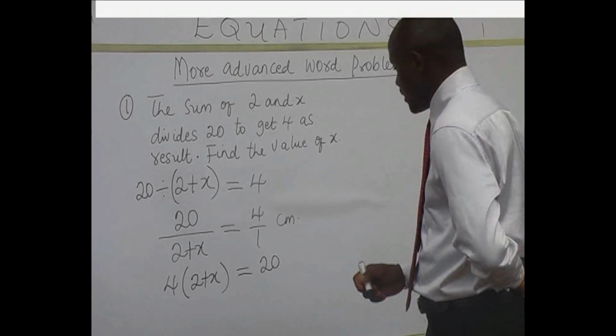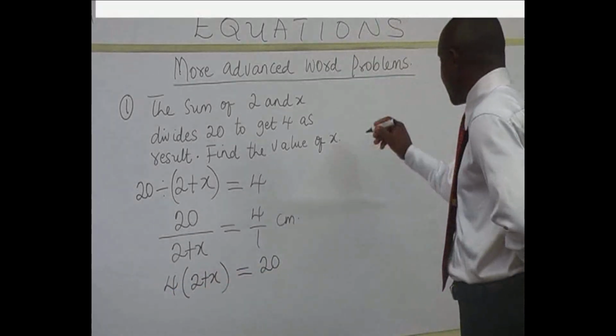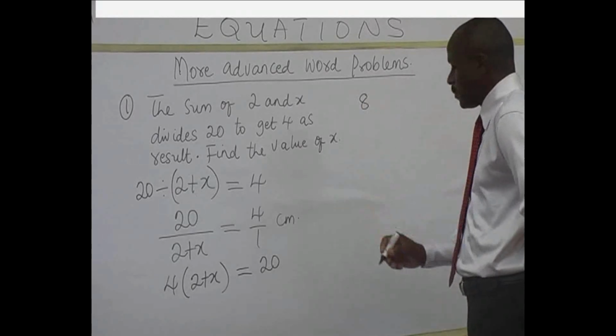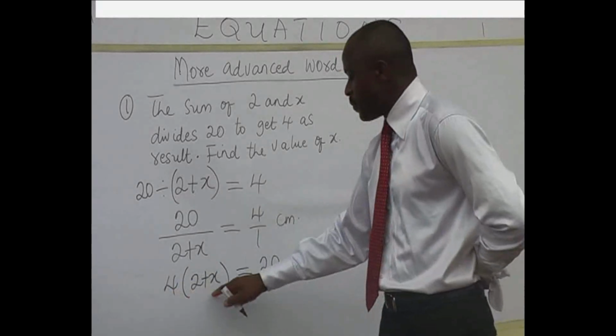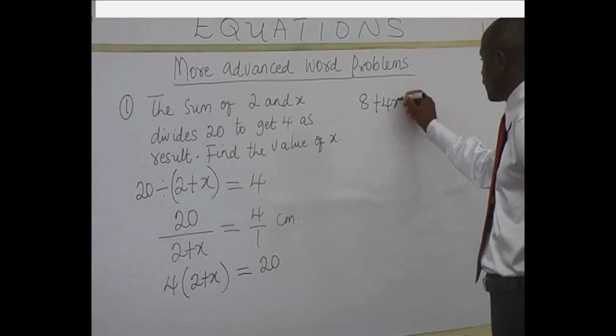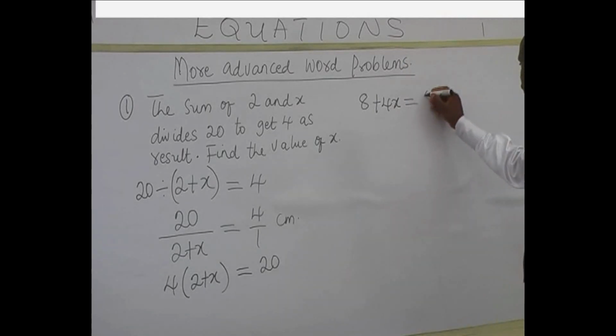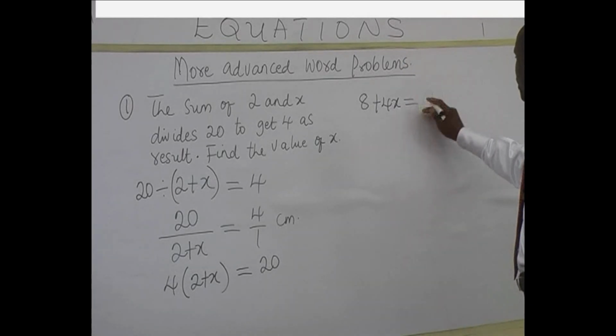Remove brackets. 4 times 2 gives you 8, and 4 times plus x gives you plus 4x. It's going to be equal to 20.